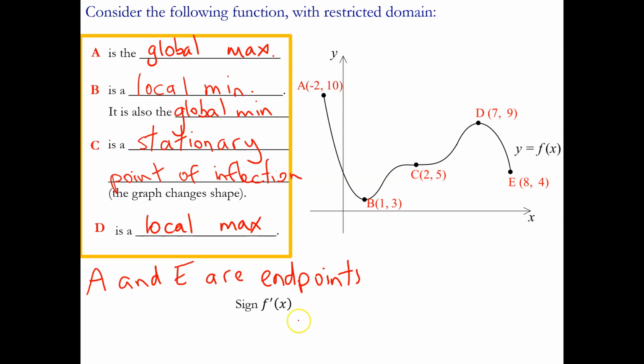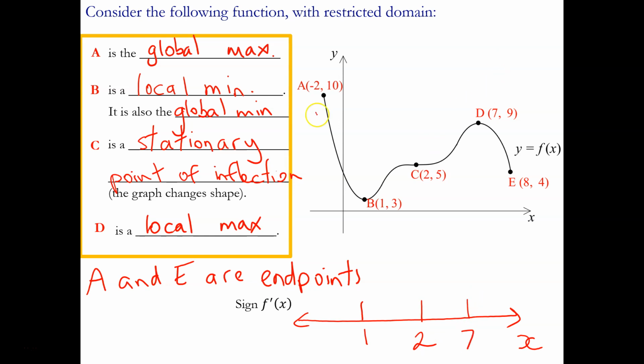Well, let me have a go at drawing the sign diagram here. I have something special at B. The gradient of the tangent at B is 0. So let me put the x value down here. Oh, I forgot to write down x. Let's put x equals 1 there. Then it looks like we have another horizontal tangent there, so we put 2, and another one there at 7.